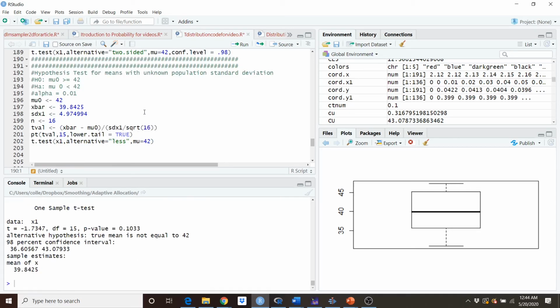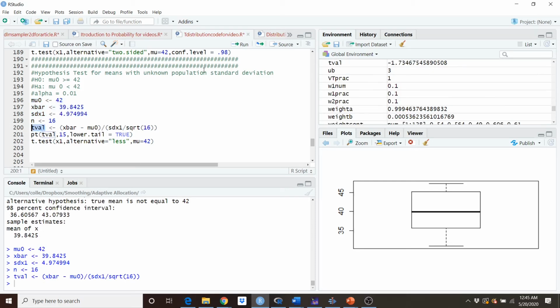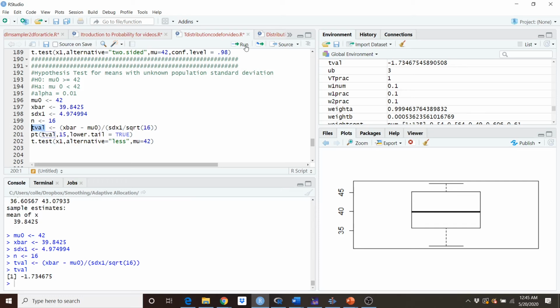Okay, so what about our hypothesis test? Well, remember we said mu0 was 42. We're using the same X bar, standard deviation and sample size, so I'll go ahead and run these three. Now my T value is X bar minus mu0 over S over the square root of N, and I get a T value of negative 1.734675. This PT function gives me my probability.